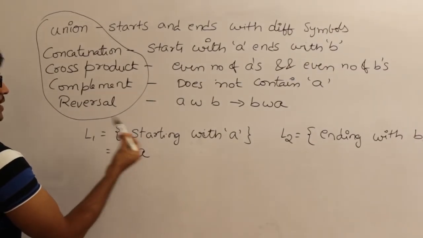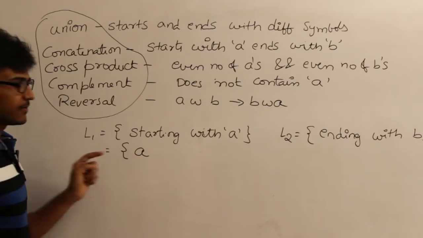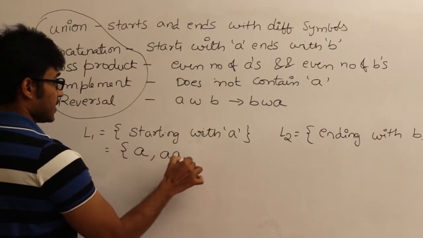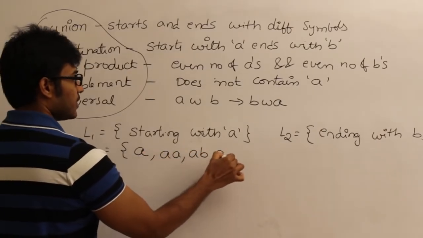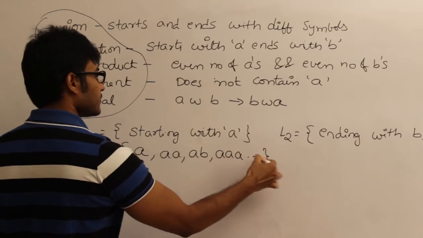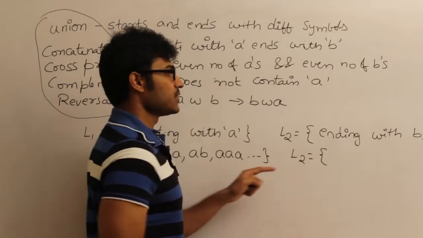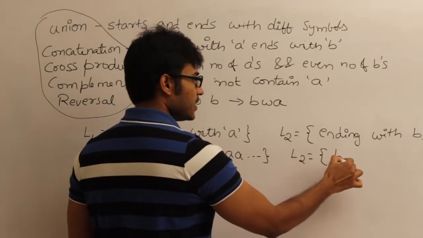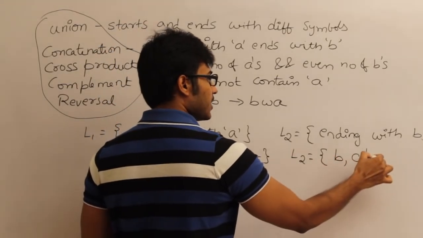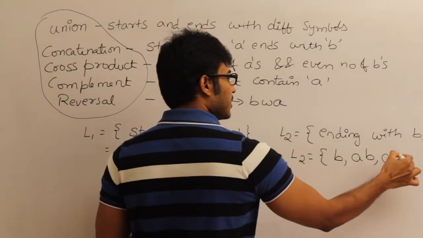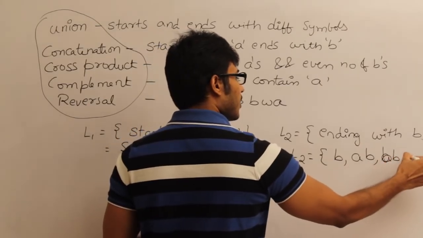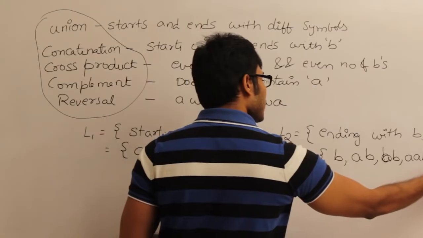Let me write the strings. Starting with A means A is the smallest string, and AA is the second smallest, AB, and so on. L2 is ending with B. The smallest string which is going to end with B is B, or AB, or BB, or AAB, and so on.